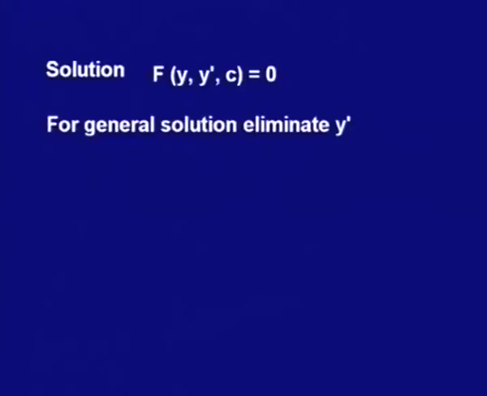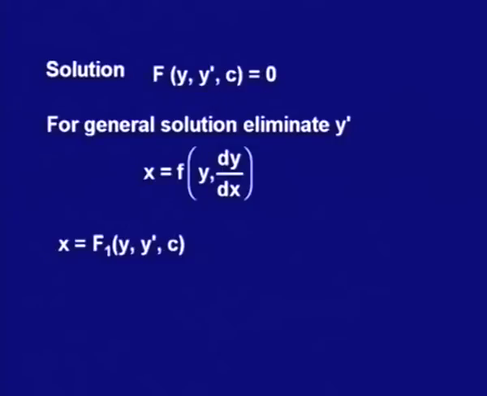If the solution of this is of the form y, y dash, c is equal to 0, we could eliminate the term y dash from this solution and the original equation, and that will give me the general solution.